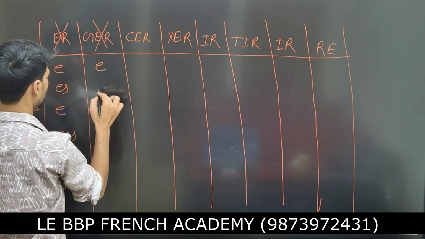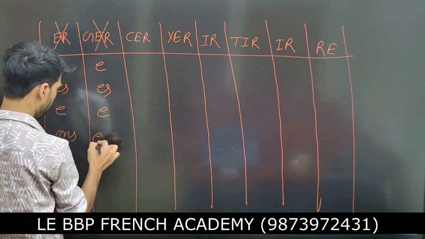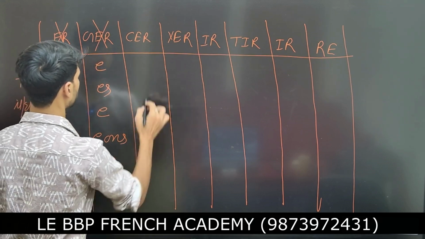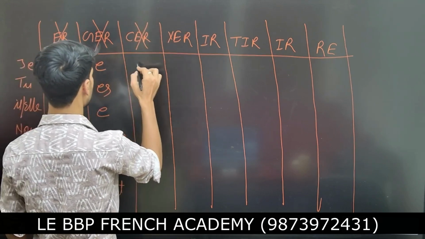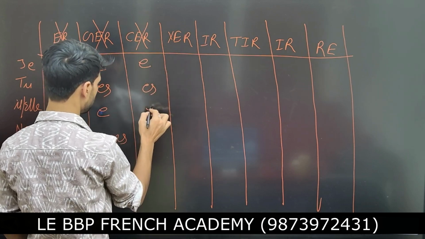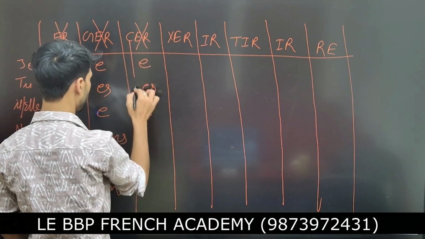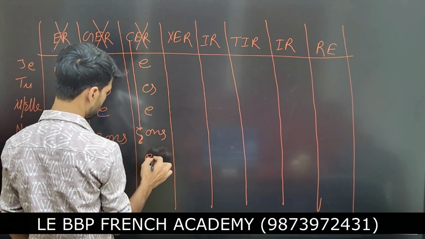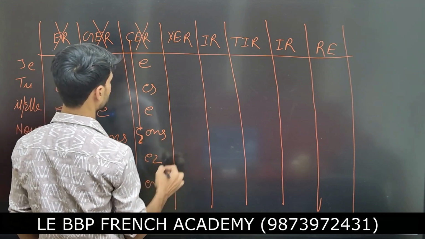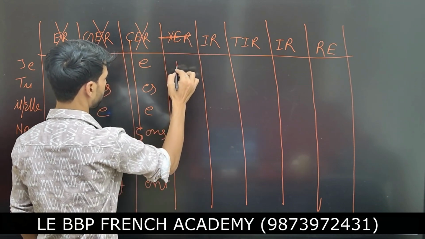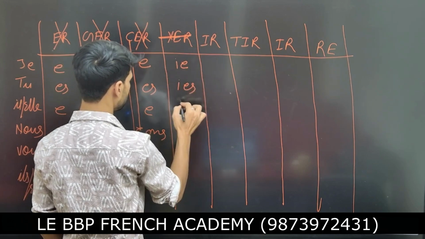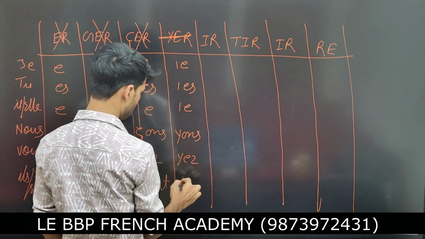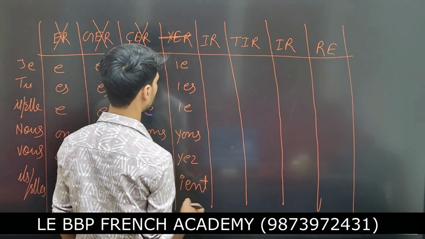For ger, you cut the er only, then e, es, e, and eons, ez, ent. For cer, you cut only the er, then put e, es, e, with a cedilla on the c, ons, ez, and ent. For yer, cut the er, then you put ie, ies, ie, yons, yez, and ient.